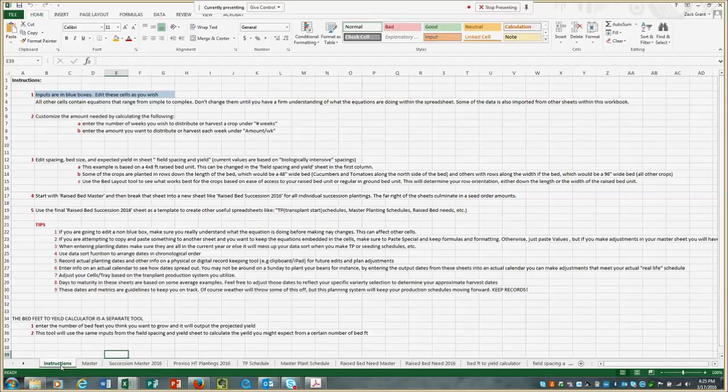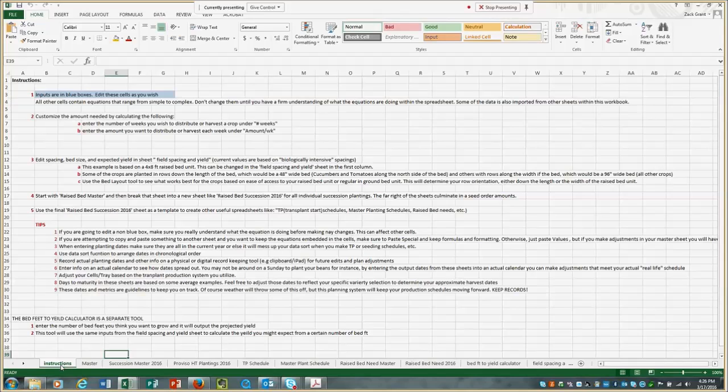So if you're not super familiar with Excel, you may not want to mess with too much of the spreadsheet, but you should still be able to get a lot of good information out of it regardless. So just don't change the equations if you're not super familiar with how it's working.